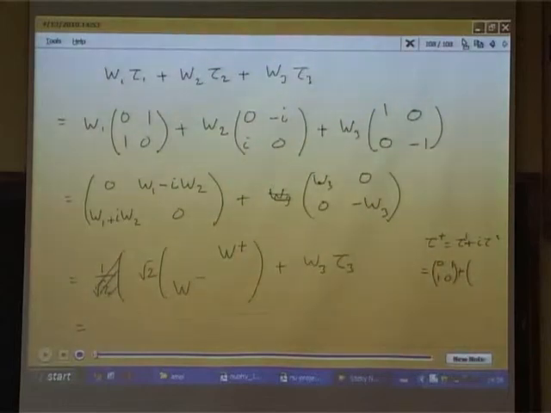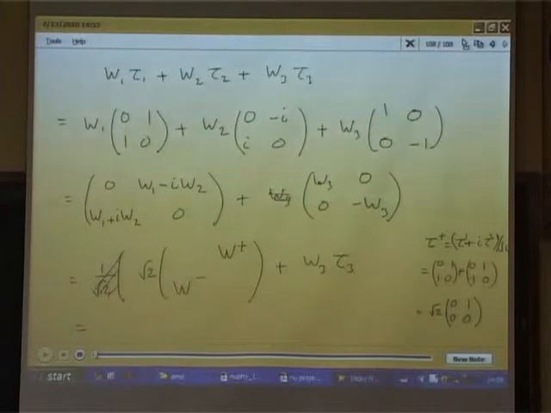So this is 1. This is minus 1, 0, 0. And there is a 1 by root 2. So this will be root 2 times 0, 1, 0.